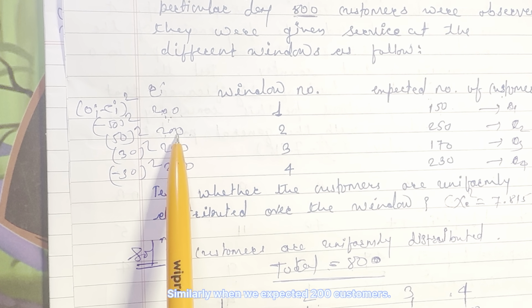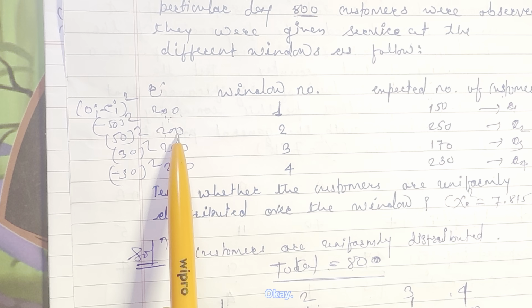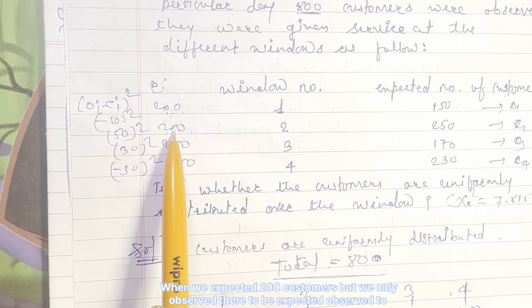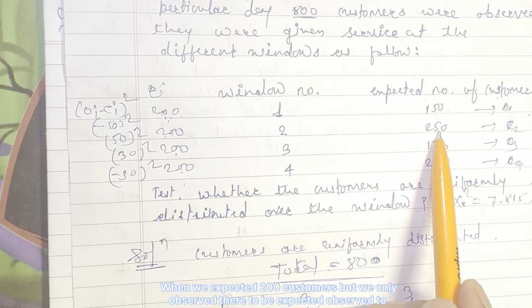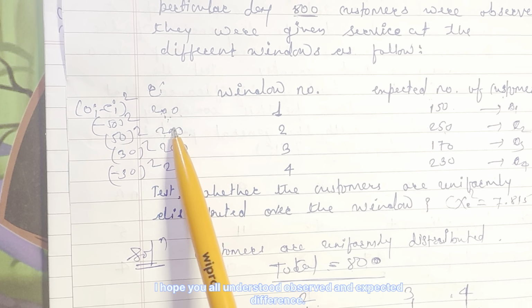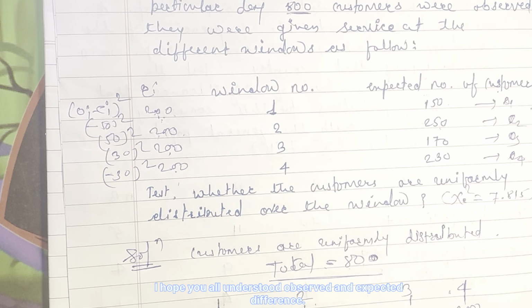Similarly, when we expected 200 customers, we observed 250. I hope you all have understood the observed and expected difference.